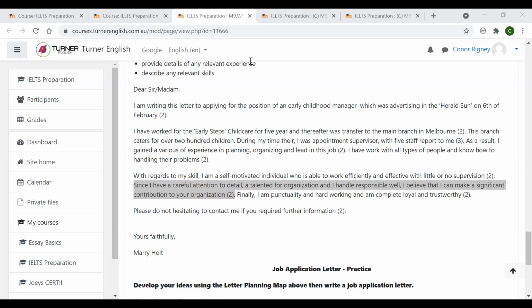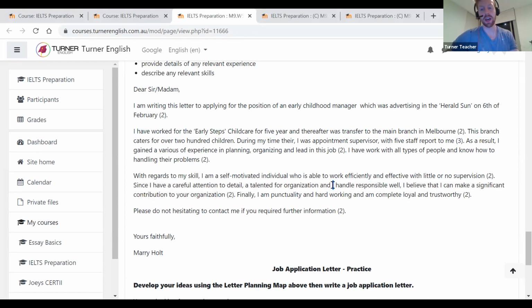A talent for organization, and I handle responsibility well. Well, you can remove that, but it's okay as well. There's no problem there.